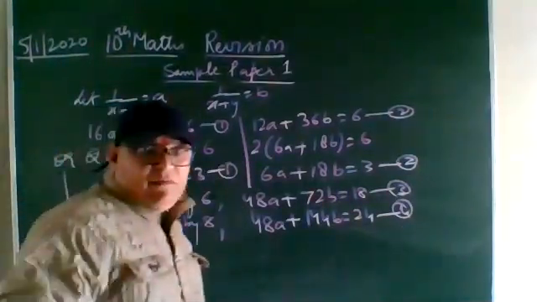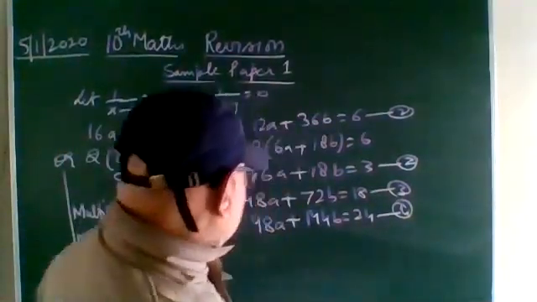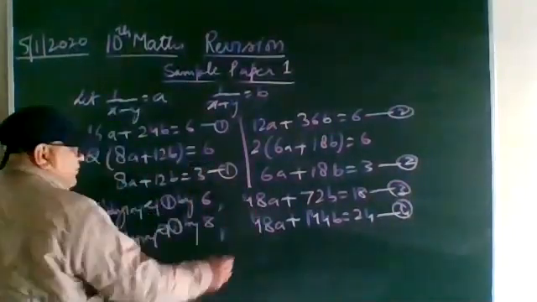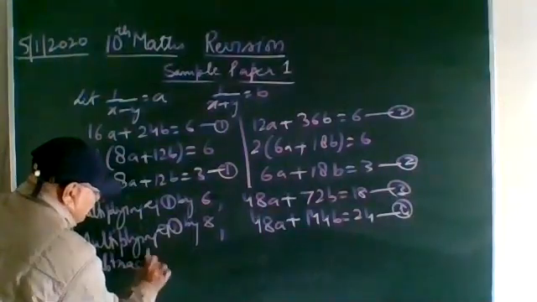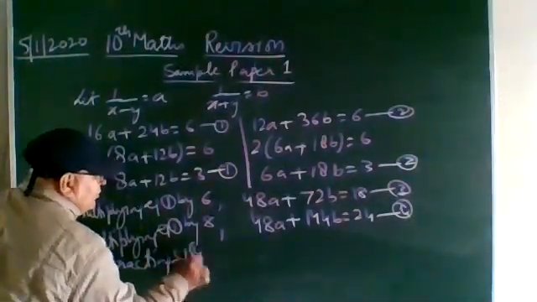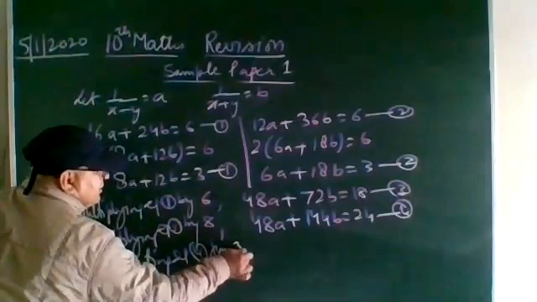Now after this, 48a and 48a can be cancelled. You will write subtracting equation 4 from 3.